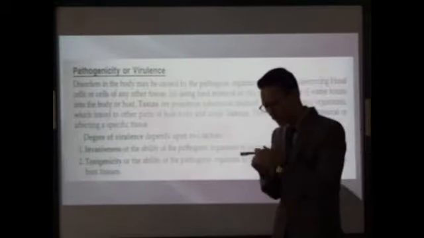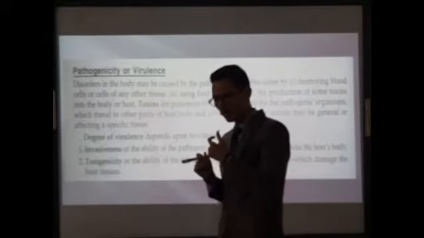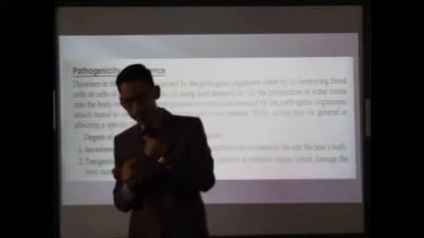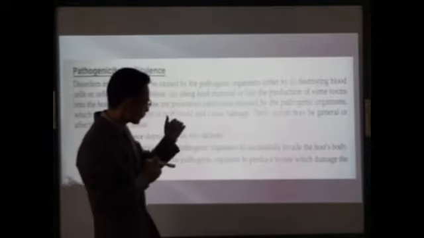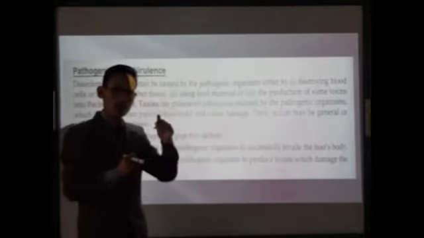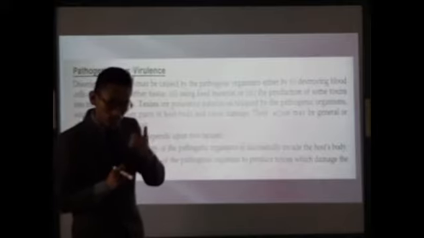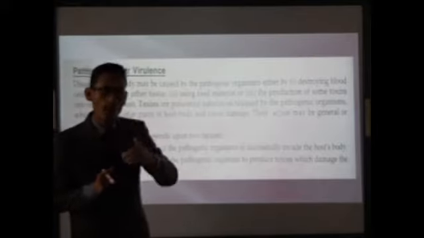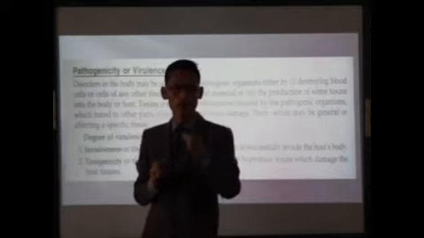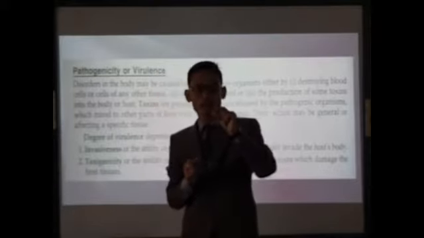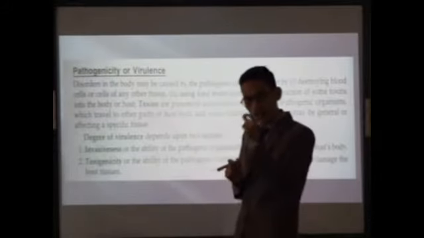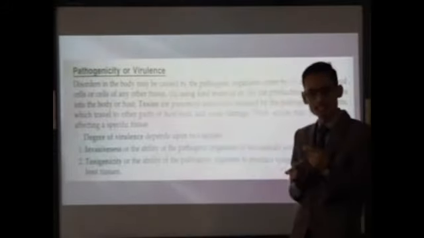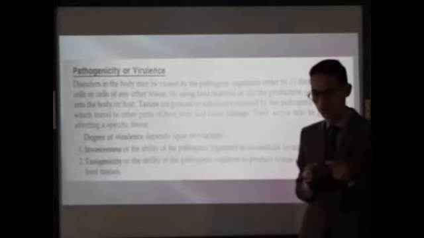That disease or disorder generally appears in our body when the pathogens destroy our red blood cells or white blood cells. So pathogens usually destroy our blood cells. Number 2, they may destroy the cells of our body tissues.